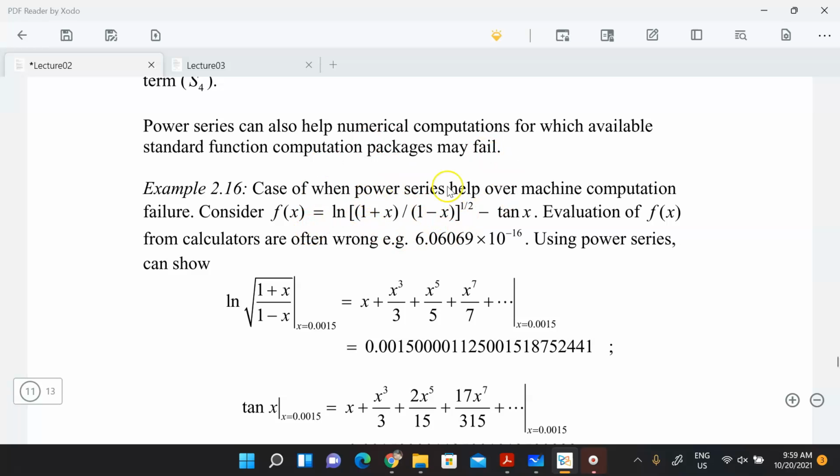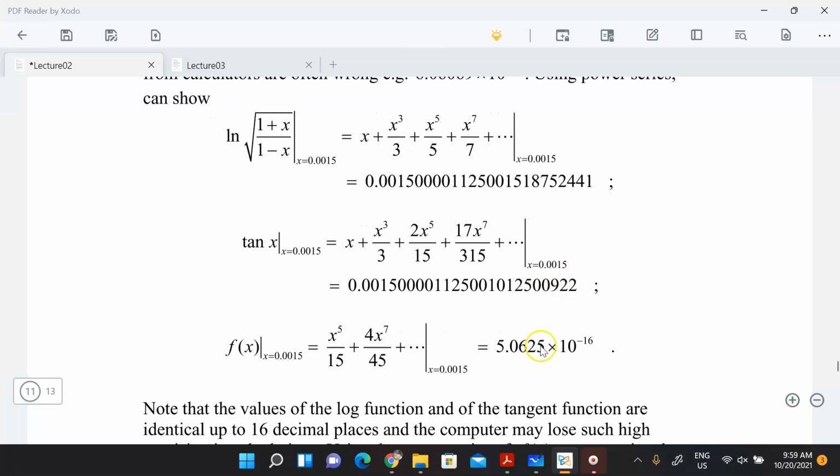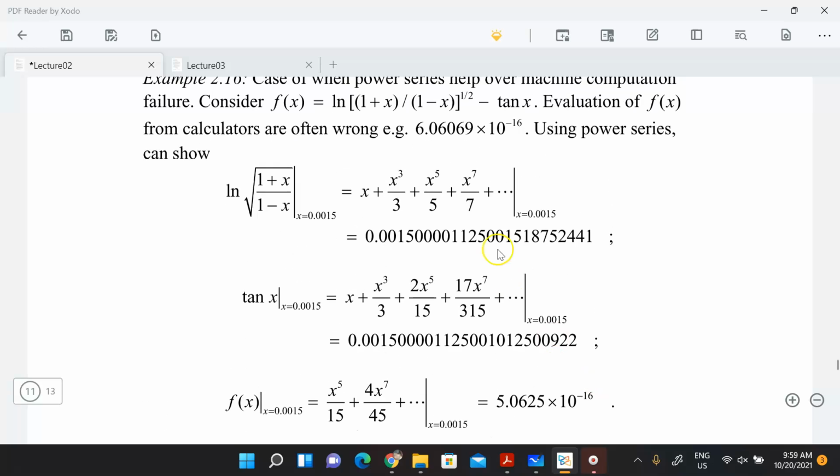And then take the difference with minus tangent x. Normal calculators, you can try this for yourself, might give you this answer, but the right answer is actually that. And you can see that it's quite a lot of difference here. Here it's 6.06, here it's 5.06. And the powers are quite small.